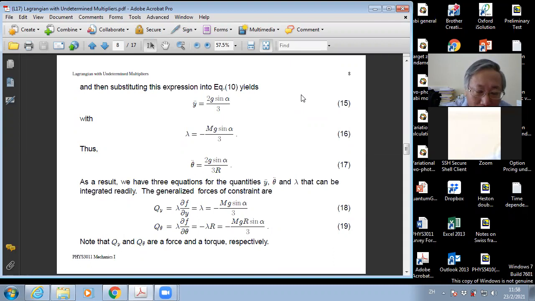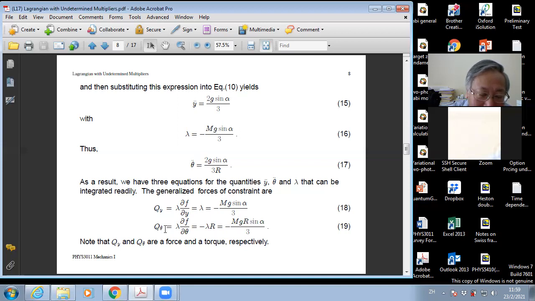Now, the generalized forces of constraint are given here. The generalized force of constraint associated with y is given by lambda round f round y. Okay, round f round y gives you 1. So Qy is equal to lambda. And the lambda is given here. It's equation 16.